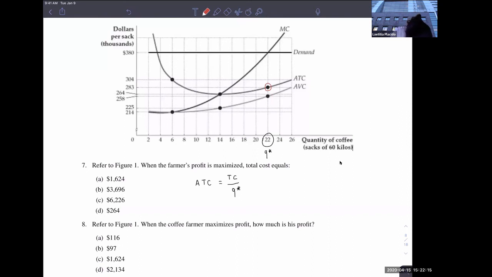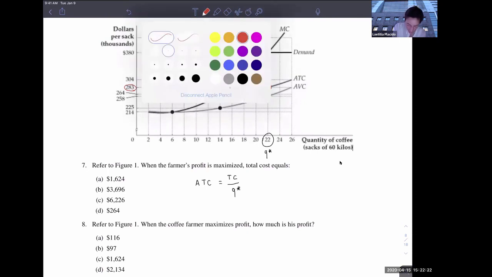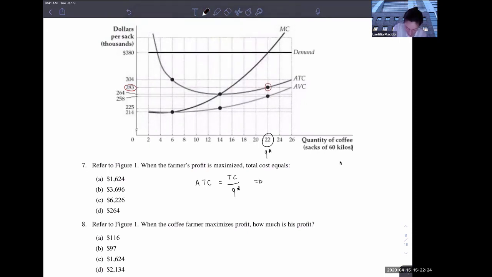This is 283 here. So what is total cost? Total cost is equal to Q star times ATC at Q star. So that's 22 times 283. And this is 6,226. Okay, so answer C here.